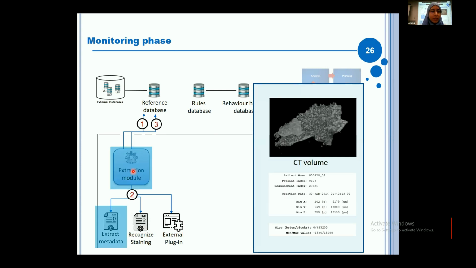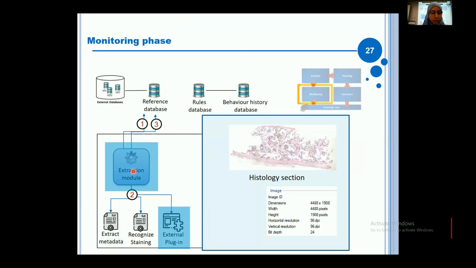So first, the relevant information of a scan can be found in the meta file of the scan. So our extract metadata submodule aims to define the meta file location and the text pattern used in the meta file. Also, the relevant information can be included in the header of the image file.